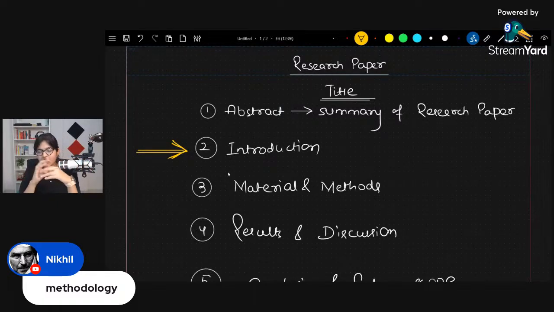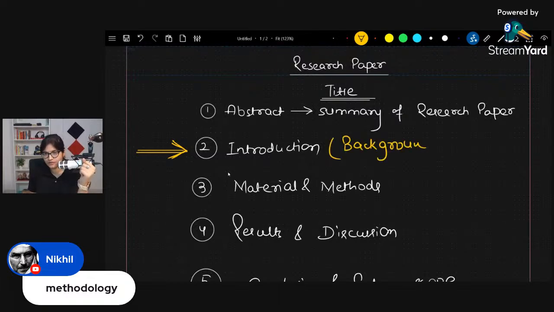Where our focus is to talk about the background of whatever research you did. For example, I had written the research paper of COVID-19 because that's what my project was. So I had talked about what is COVID-19. I'm talking about just an example here, because let's say after 10 years, maybe the people don't know what is COVID-19.